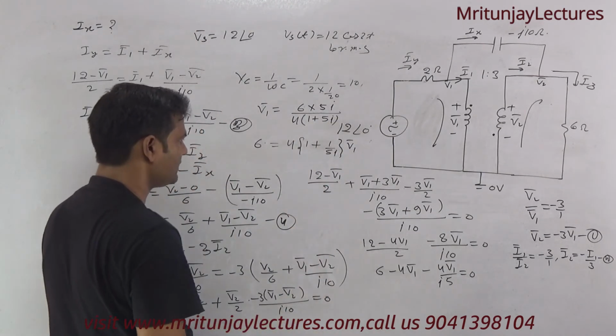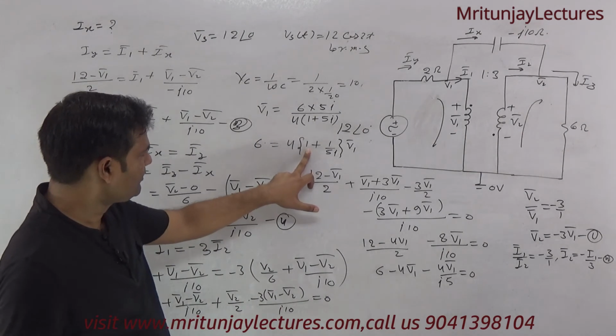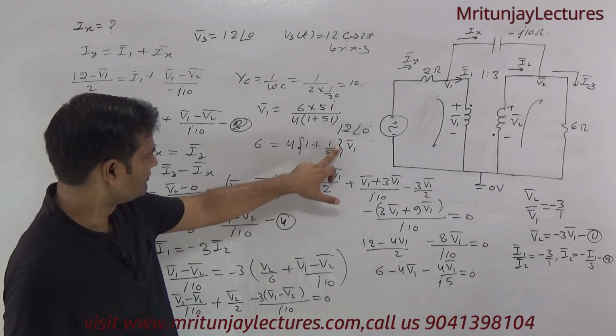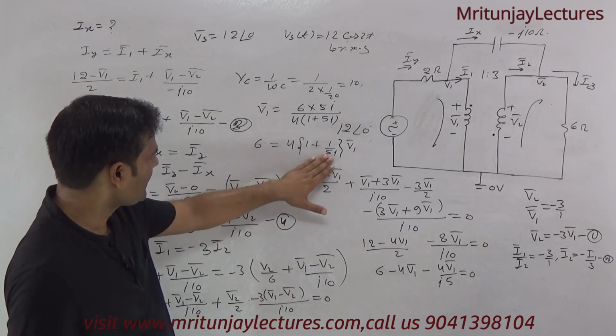First of all, again take the LCM, 5j plus 1, clear.